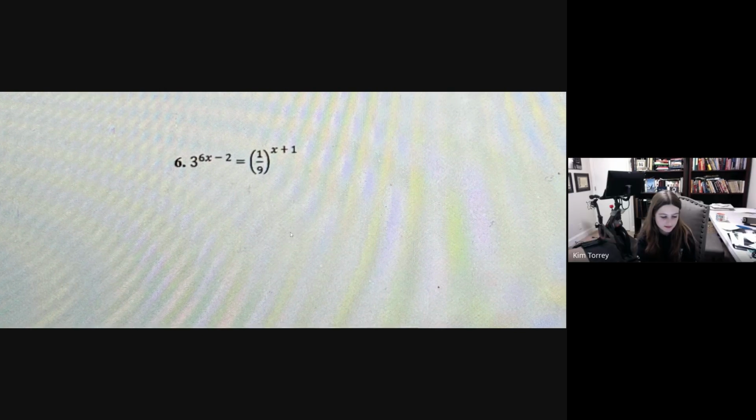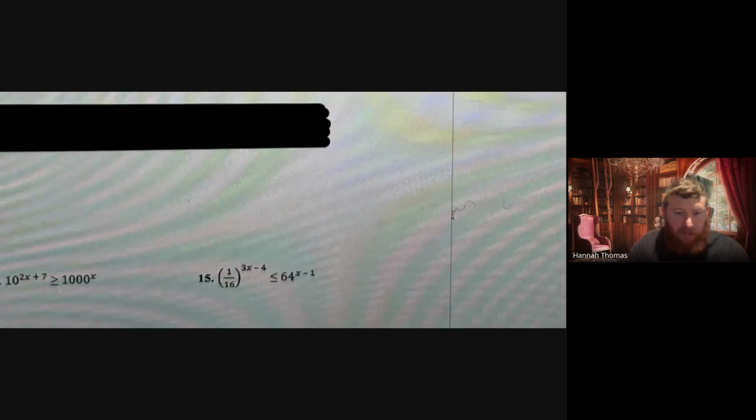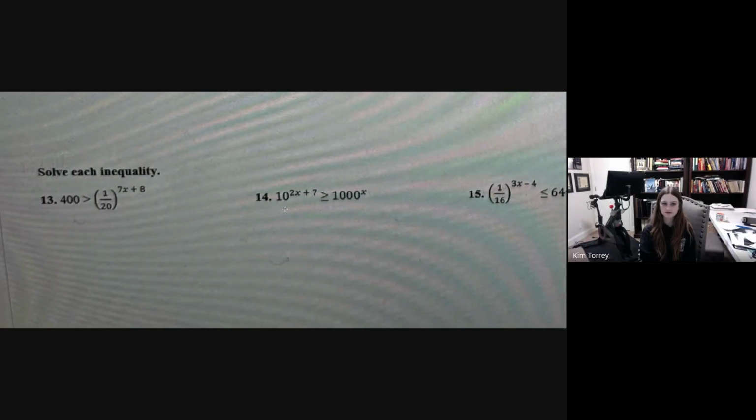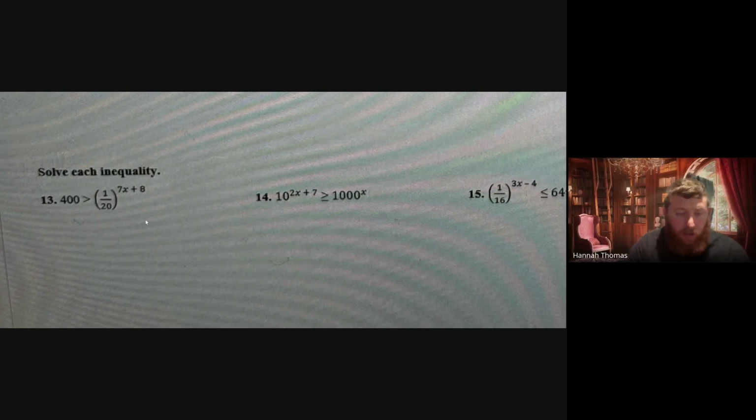Okay. Yeah. All right. So, I see at the bottom of this page we have some inequalities. What's the only rule that's different for inequalities?